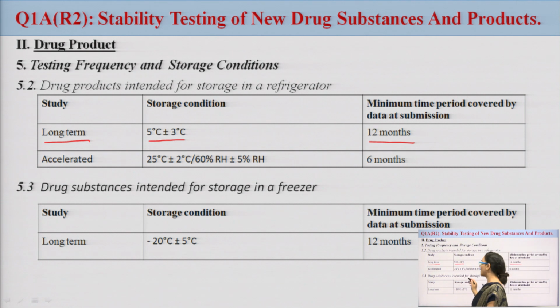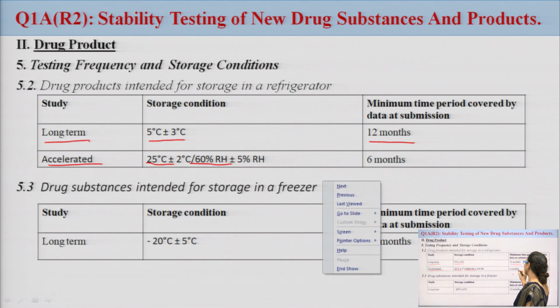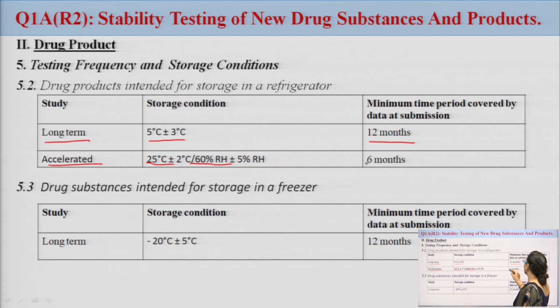For accelerated study, 25 degrees Celsius temperature with 2 degrees Celsius variation and 60% relative humidity with plus minus 5% variation is recommended, and this study is generally conducted for 6 months.